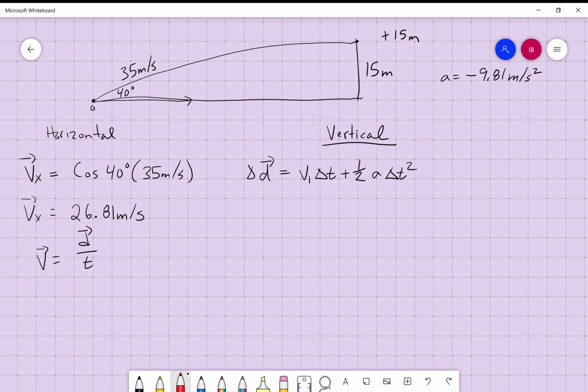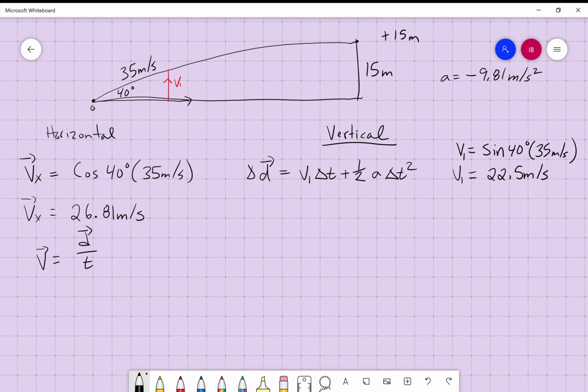To find our vertical v1, it is going to be equal to sine of 40 degrees, because that is our angle, times our velocity, which is 35 meters per second. Working that out gives us 22.5 meters per second.